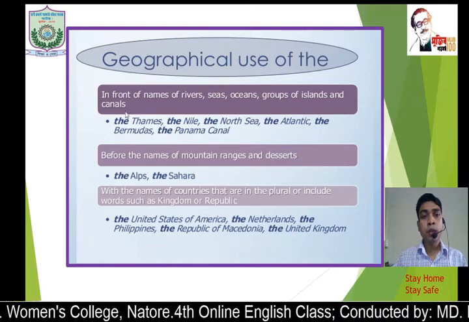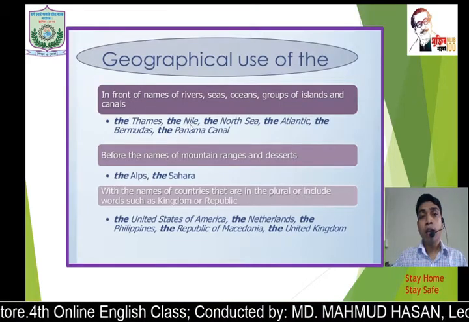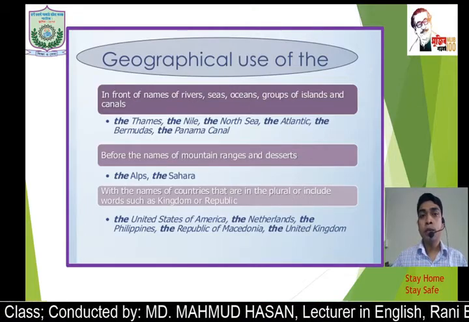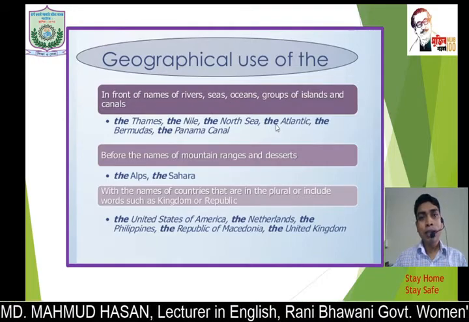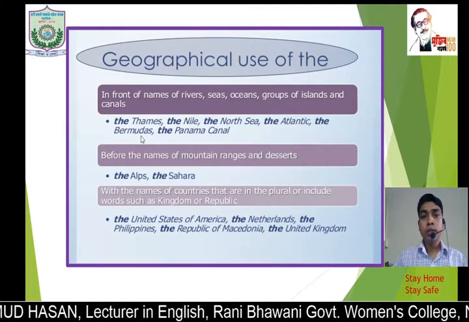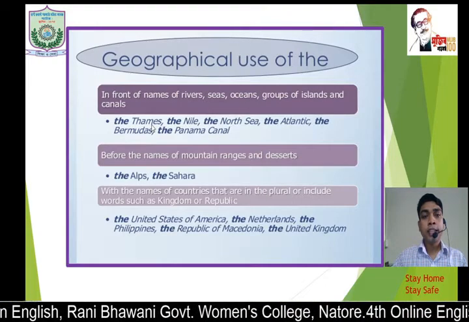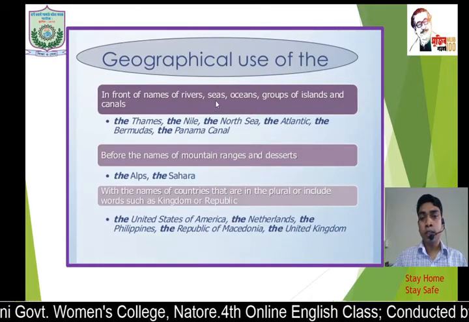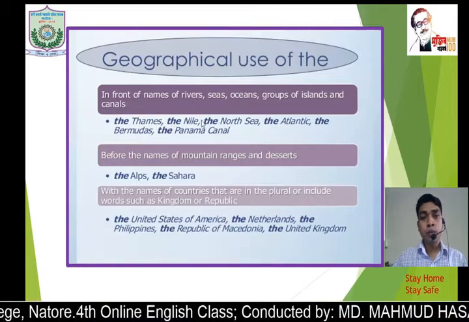For example, the Thames, the Nile, the Padma, the Meghna, the Jamuna, the North Sea, the Atlantic, the Bermudas, the Panama Canal. Nile, Thames are rivers, North Sea is a sea. We put the before these words.